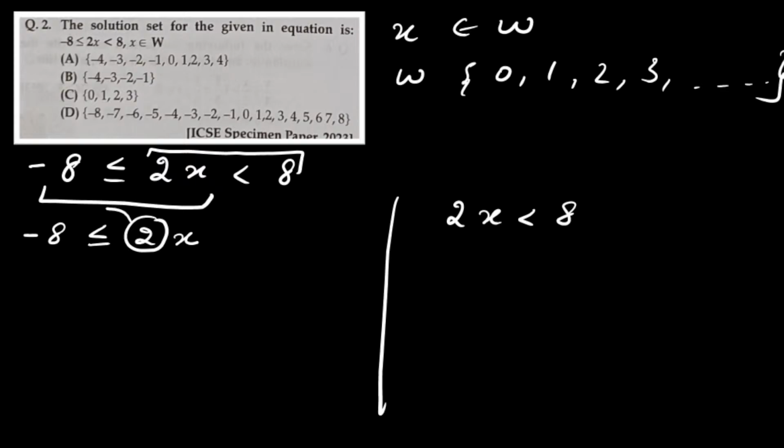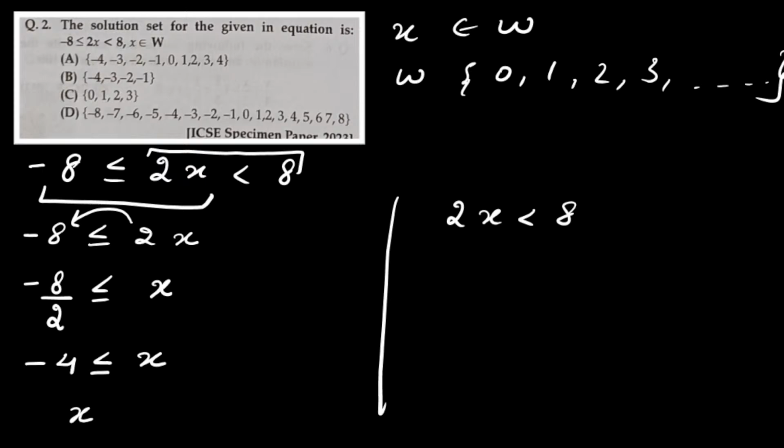That means 2 will shift to the other side, and when we shift 2 to the other side, it will get divided. So minus 8 divided by 2. Here we don't have to reverse the sign of inequality because the coefficient of x is positive. So minus 4 less than equal to x, or I can say x is greater than equal to minus 4.